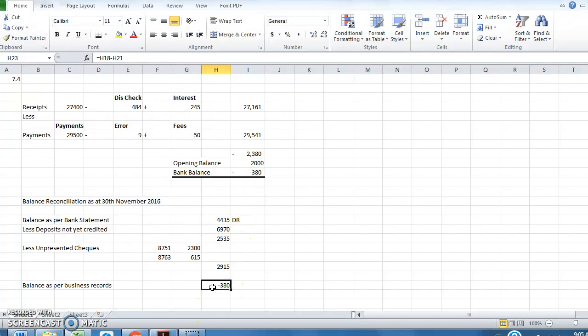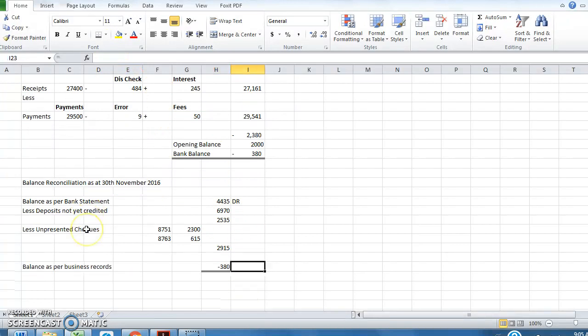So a bank rec is now complete as they both marry up.